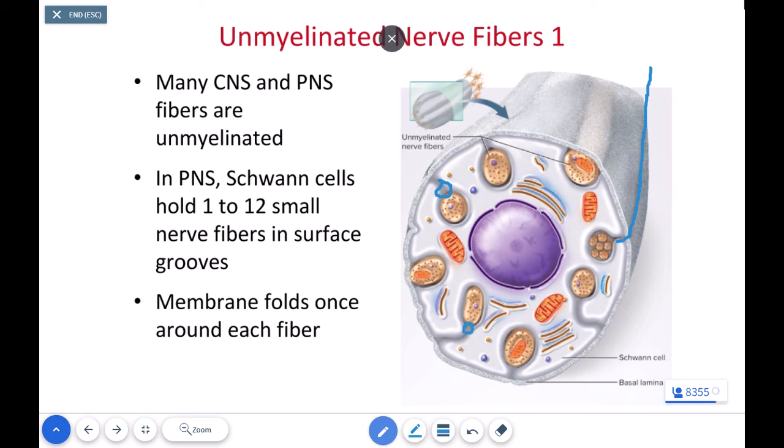Because we have these strips that are completely unmyelinated, instead of the action potential being able to jump from node to node, it has to move down the entire length of the axon. So I really want to emphasize that unmyelinated nerve fibers don't have nodes of Ranvier, but they still are myelinated by a variation of the Schwann cell.